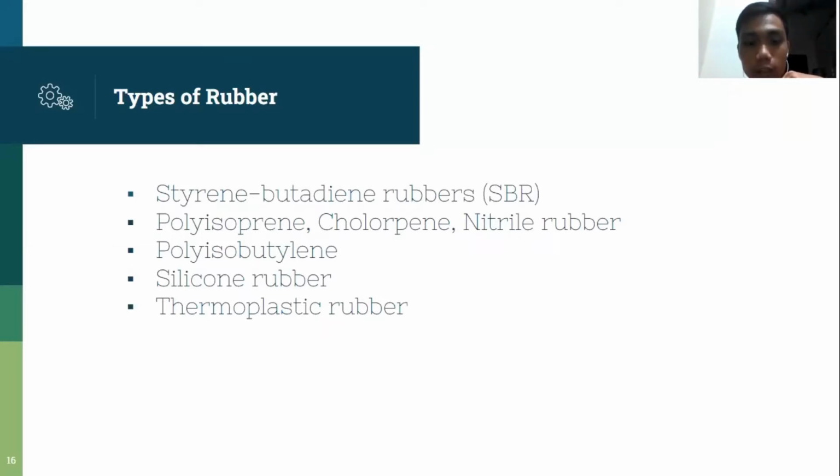We also have silicone rubber. It is generally non-reactive, stable, and resistant to extreme environments and temperatures. A new class of synthetic rubber is thermoplastic elastomers. They can be molded easily, unlike conventional natural vulcanized rubber, and have a wide variety of applications.